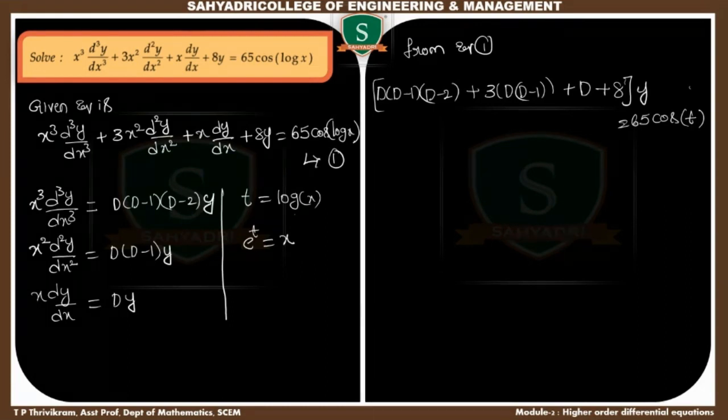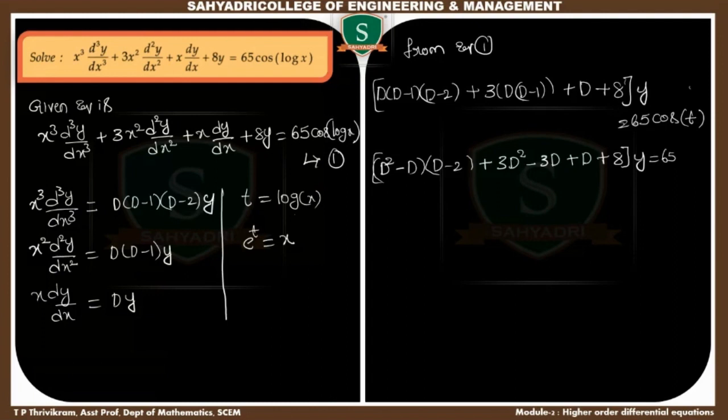Now we have to simplify the left hand side to solve this equation. What happens? D square minus d into d minus 2, plus 3d square minus 3d, plus d plus 8, into y is equal to 65 cos t.